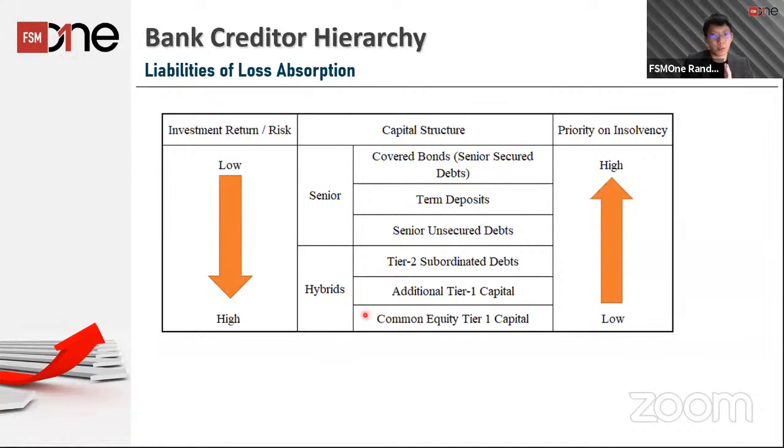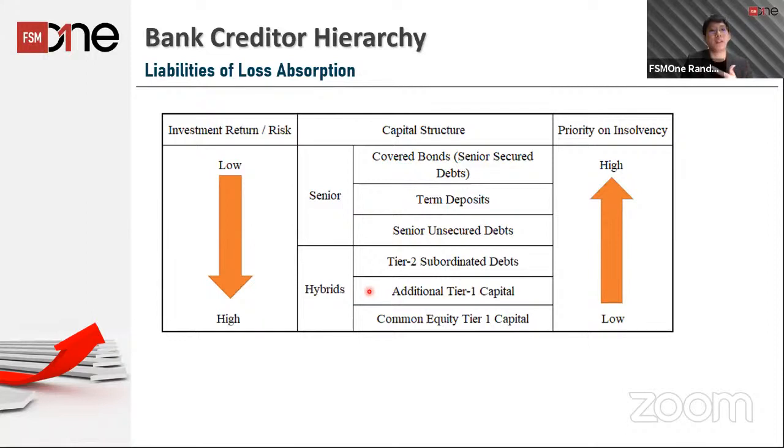Let me briefly introduce what is usually contained in these different hybrids. CET1 capital usually consists of common shares and the bank's retained earnings. If banks are suffering losses or financial difficulties, they will use their common shares and retained earnings to absorb the losses first. If the losses are still more than they can absorb, the extra will be absorbed by the AT1 capital, which normally consists of convertible bonds and perpetual bonds.